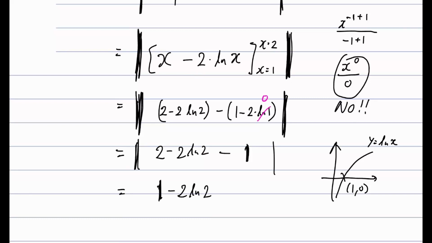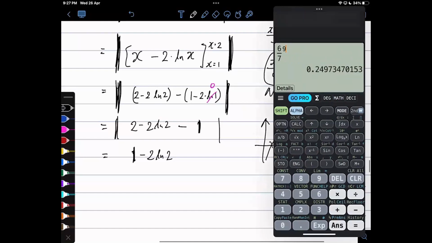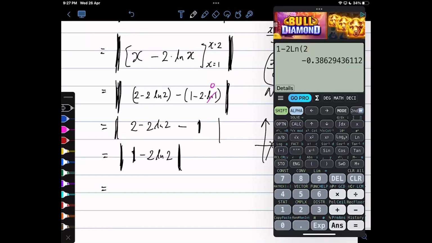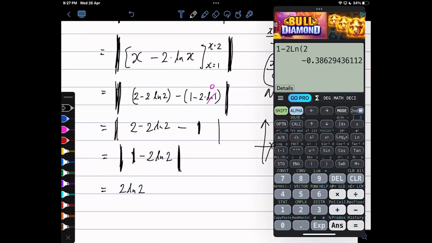Type 1 minus 2 ln 2 in the calculator for me. What do you get? Okay, actually, I can show you. 1 minus 2 ln 2. Oh, it's negative. That's why you need the modulus. Then this one will become 2 ln 2 minus 1.